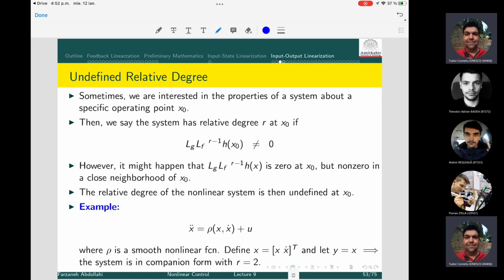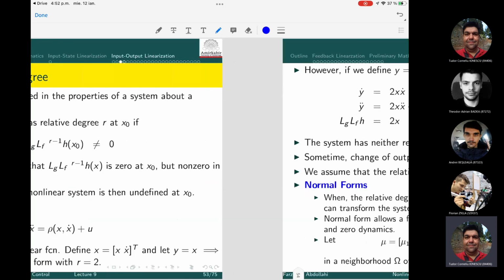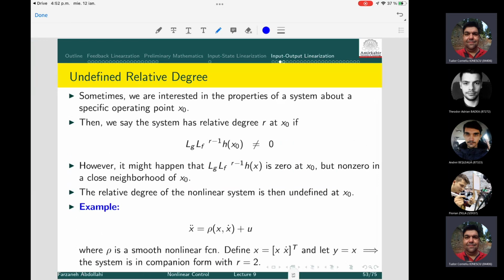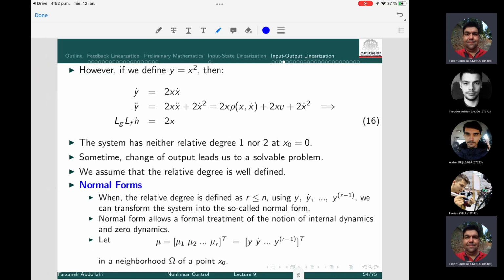An example is this system where ρ is a smooth nonlinear function. If you have the state x dot and let y equal x, the system is in companion form with r equal to 2. However, if we define y to be x squared, picking a different output, see, this relative degree depends on the output because the zeros depend on the output you choose.